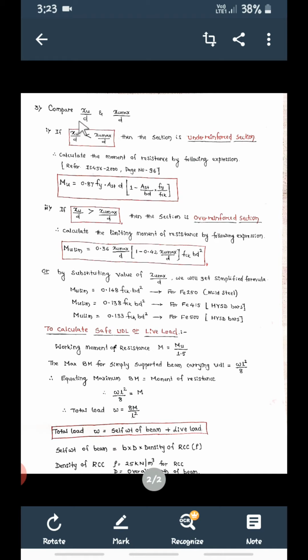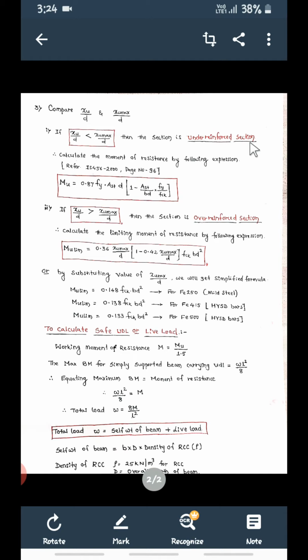If Xu by D, the actual depth of neutral axis, is less than Xu max upon D, then the section is an under reinforced section.